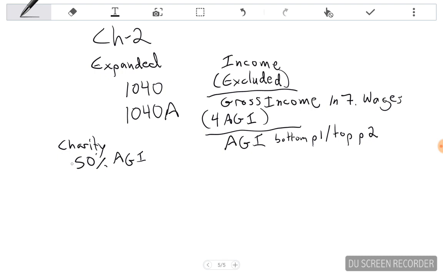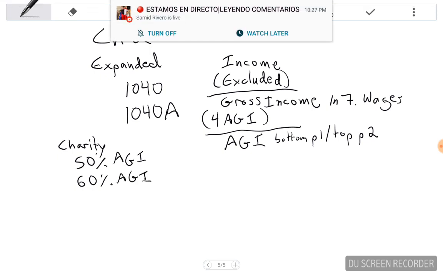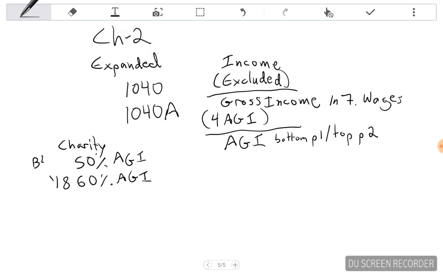So that's what it has been historically. With the new reform, they've actually upped that to 60%. So you can just memorize the 50%, but just know that starting in 2018, you can deduct up to 60% of AGI. So that's a ceiling.